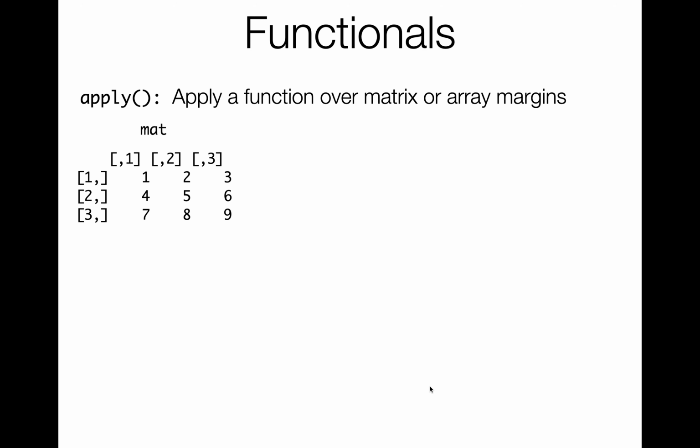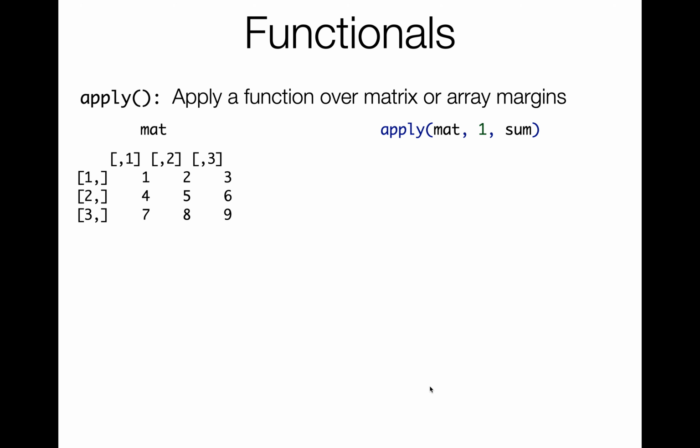So for instance, I have this matrix on the left that has 9 entries, 1, 2, 3, 4, 5, 6, 7, 8, 9. And I make this call. I want to apply to the matrix, and then in the middle I have this 1, which doesn't make sense yet, but I want to apply sum to it.